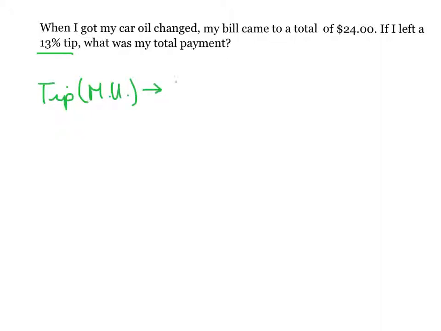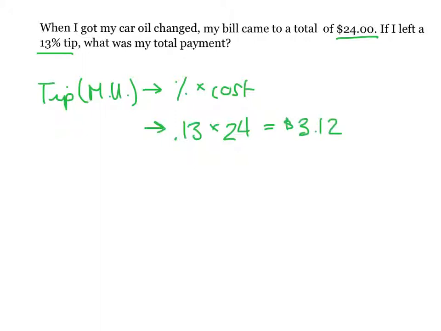And remember, that's our percent times initial cost. So our percent in decimal form is 0.13 times the initial cost of $24 gives us a tip of $3.12. Now, because it's asking total payment, we have to find the new markup.